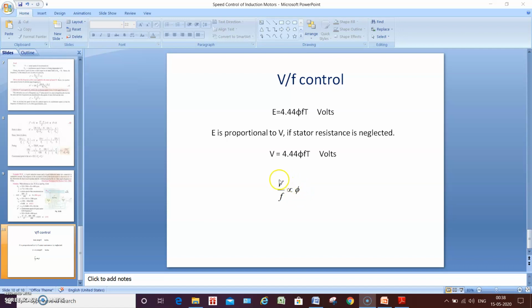In one case, if the voltage is increased or the frequency is decreased to control the speed of a motor, using either of these two methods separately, the flux will be disturbed. If the flux is increasing, there are many drawbacks. The main drawback is distortion in the input current and voltage. If the supply current is distorted, you know the harmonics and their effects.